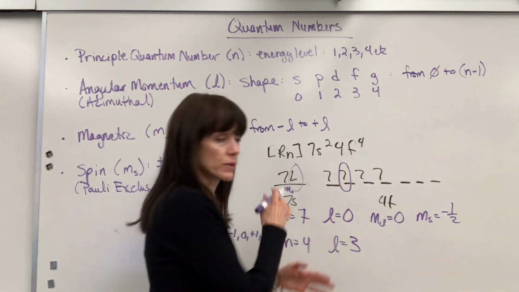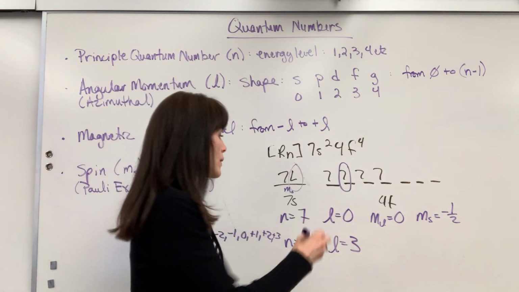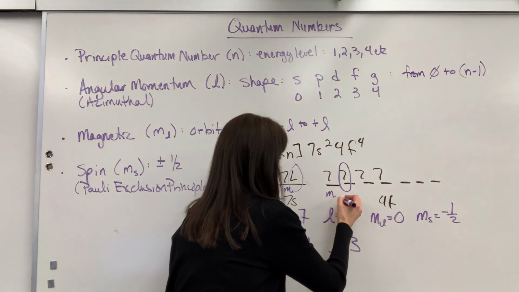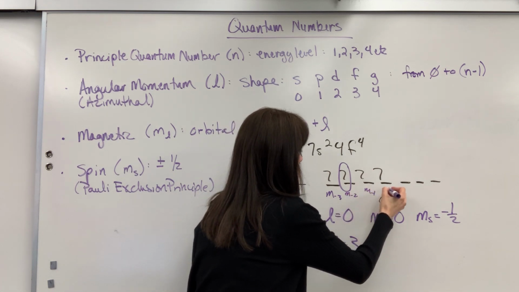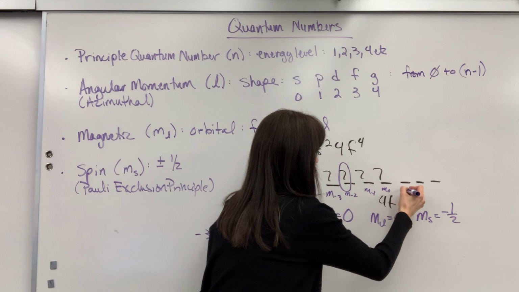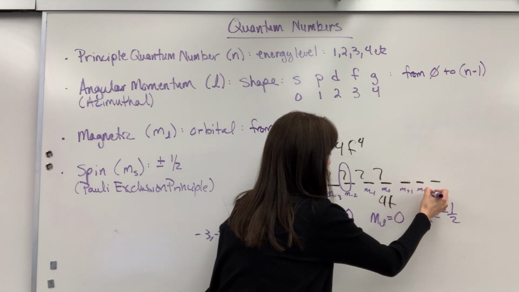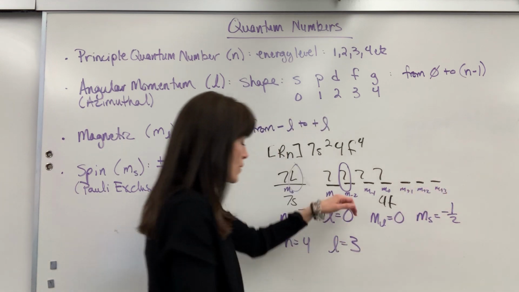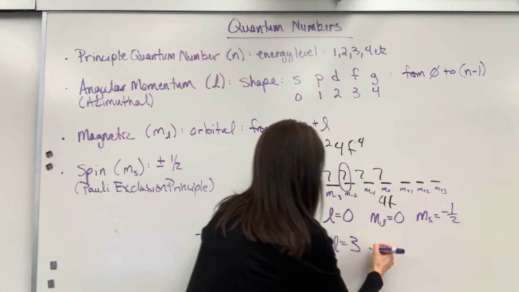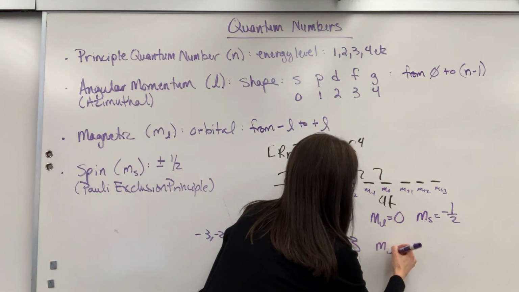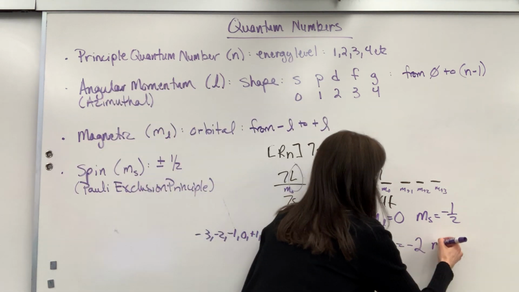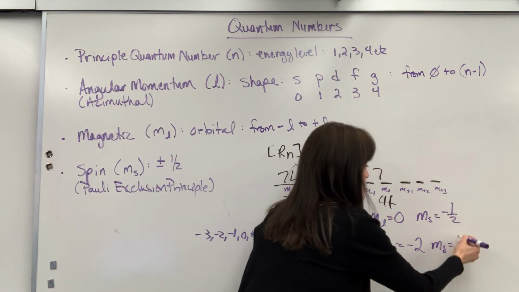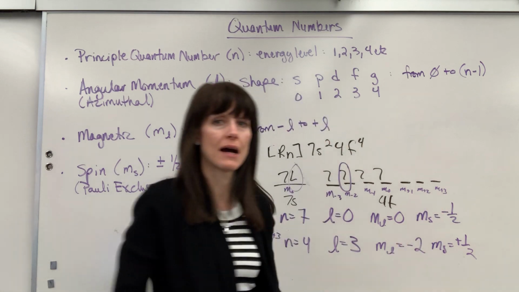So we're just going to start with a negative and make our way across: M minus 3, M minus 2, M minus 1, M 0, M plus 1, M plus 2, M plus 3. So that magnetic one, the M sub L, is a minus 2. Now it's spinning up, so the spin quantum number is plus 1/2.